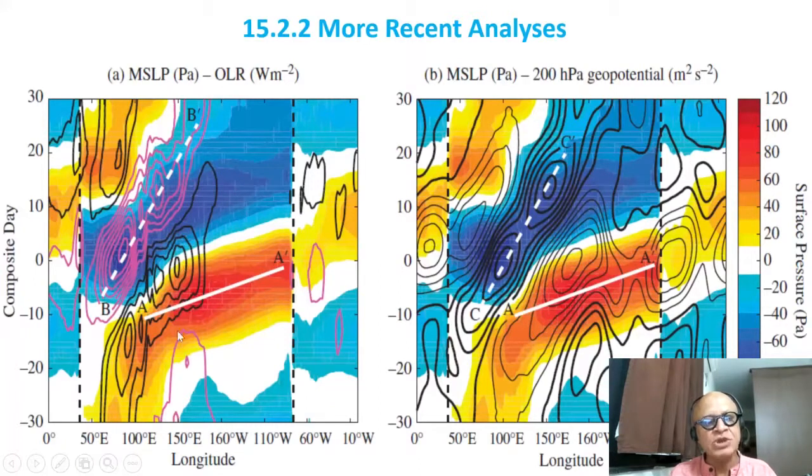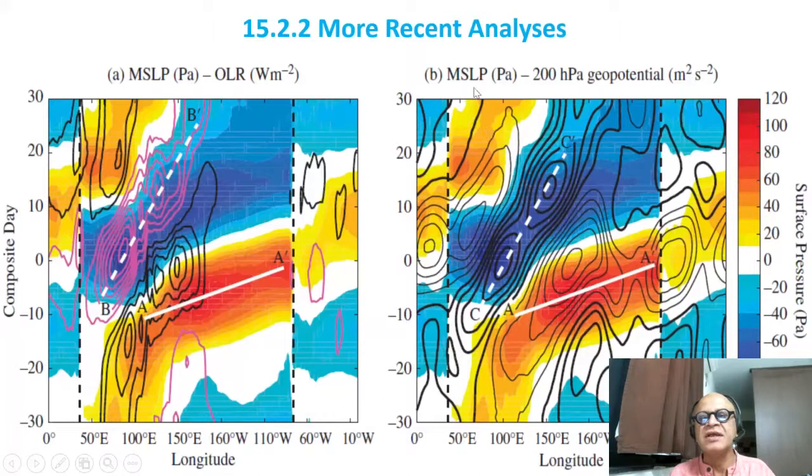So high pressure associated with positive OLR anomaly or dry phase, negative surface pressure anomalies associated with the slow-moving convective phases seen as negative OLR anomalies. And you can see again that the signal is not so coherent on Africa, so more like genesis is happening over the eastern Indian Ocean.